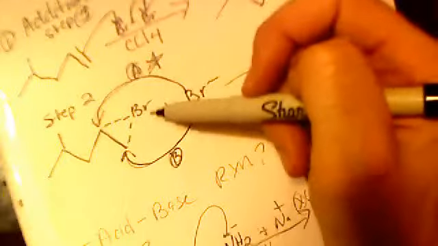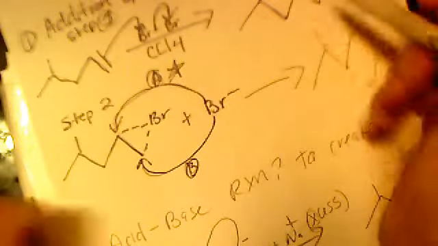Now this is not the case in this molecule, but if there were stereogenic carbons here, it would create enantiomers because it has 2 pathways it can go by. The anti-addition of bromine would create enantiomers, but these molecules don't have stereogenic centers, so we don't need to worry about that right now.